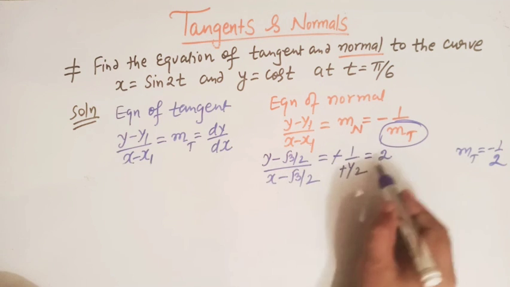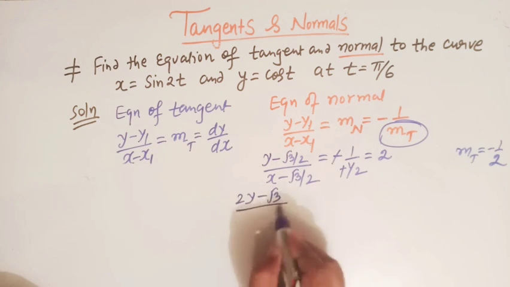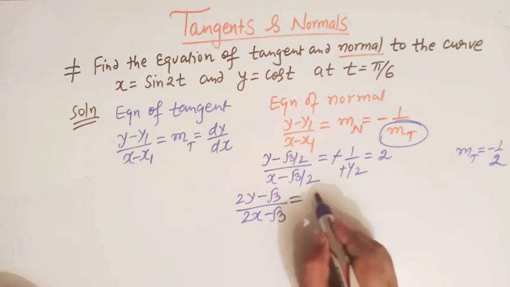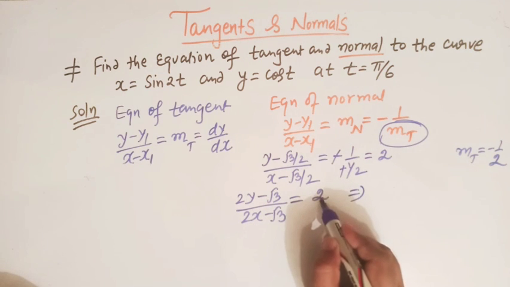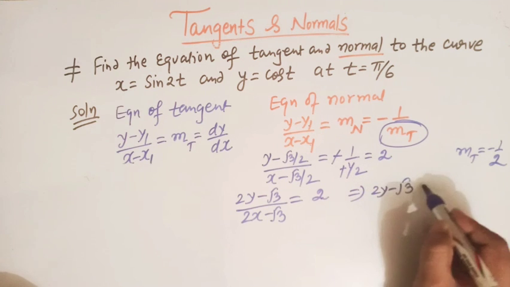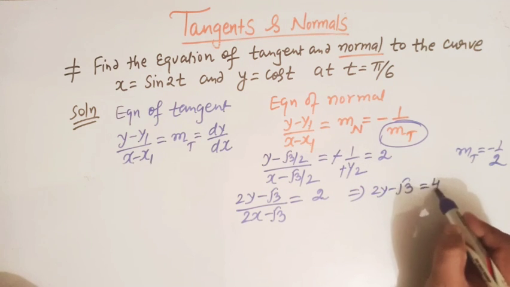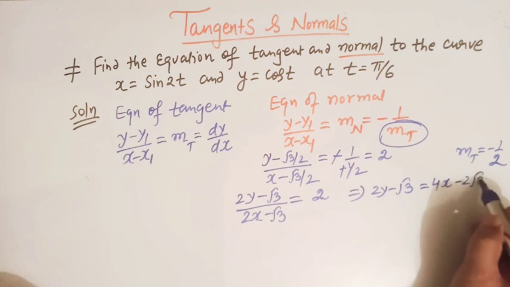Now if we simplify it, we have (2y minus root 3) divided by (2x minus root 3) is equal to 2. Now multiplying it by 2 here, we have 2y minus root 3 equal to 4x minus 2 root 3.